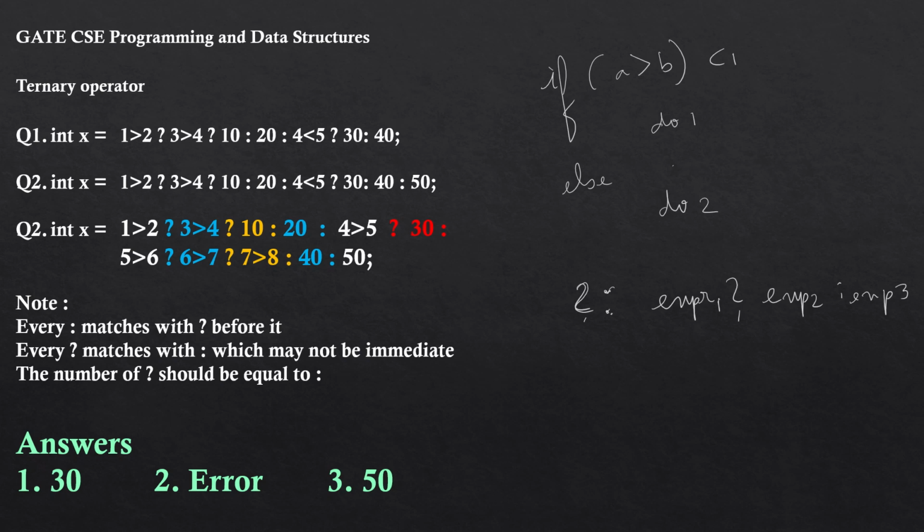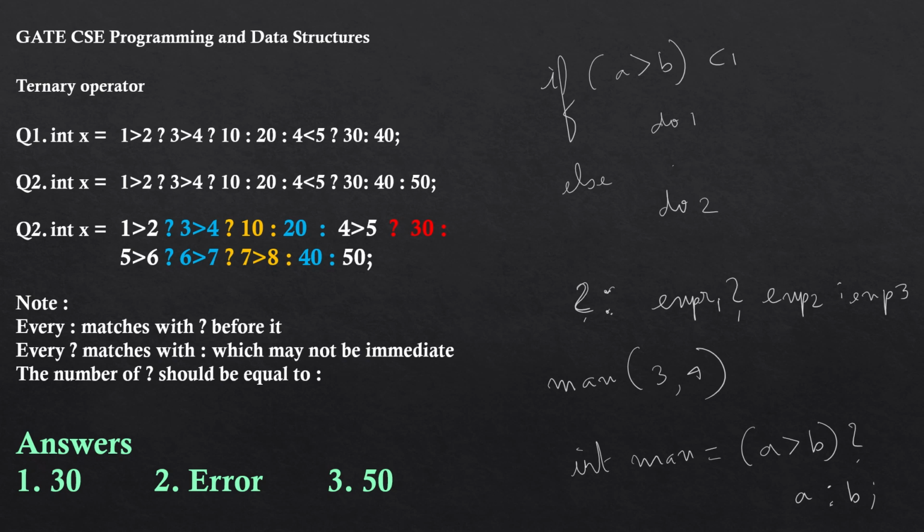One example is, suppose you want to find the max of two numbers. So in one line, we can write the expression as int max is equal to, condition is if A greater than B, A otherwise B. So how does this get evaluated?